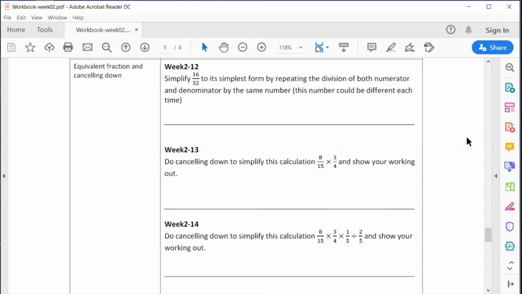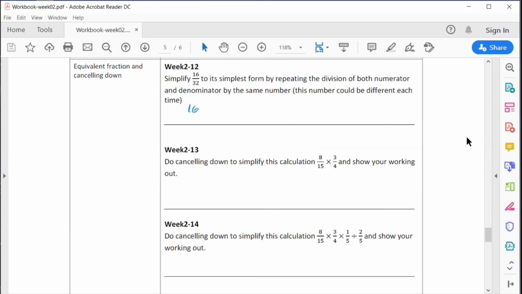It's half. Because the bigger the numbers, the quicker it is. So I just divided both. You can divide top and bottom by 16 straight away if you want to, but if you divide by 2, that is fine.